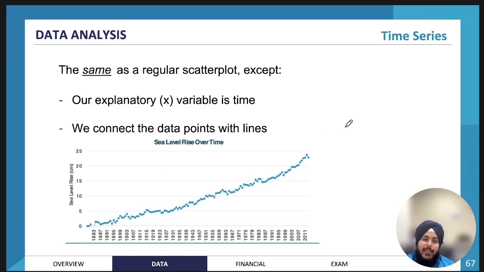In this graph, we can easily see that the sea level is rising over time, which could be of concern. Again, these types of graphs are really good for representing the relationship over time between two variables, those two variables being time and any other type of variable that you're measuring.